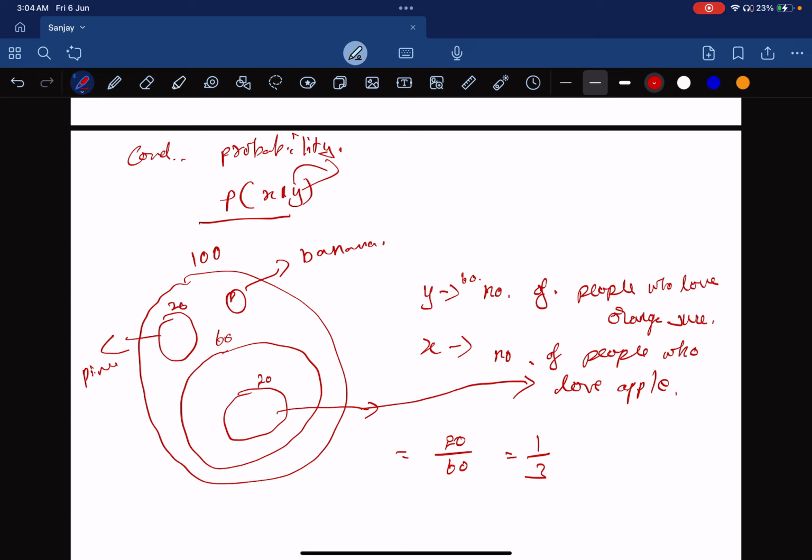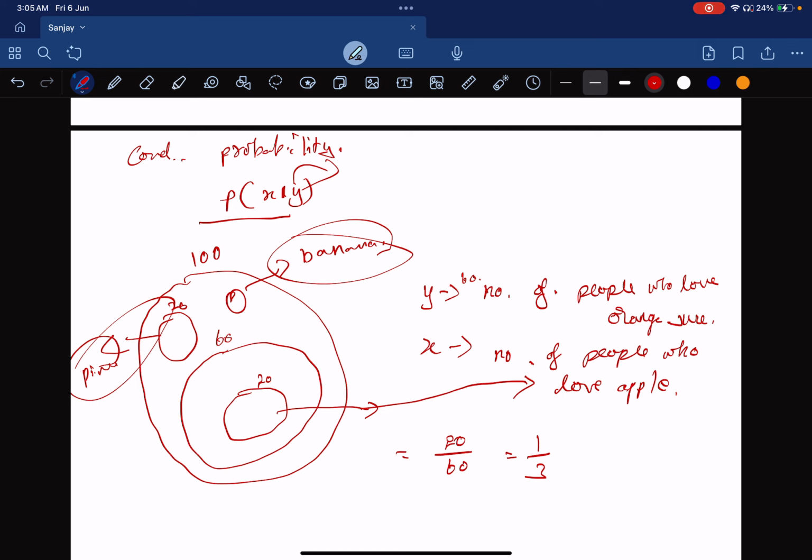It's like filtering, right? There are pineapple, banana and orange juice groups, and we need to find the number of people who love apple juice in the specific group. We are filtering out the banana lovers and pineapple lovers, and only focusing on the specified group, like given y.